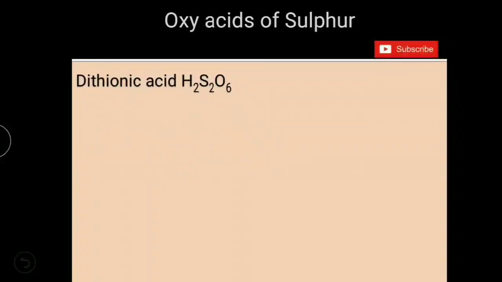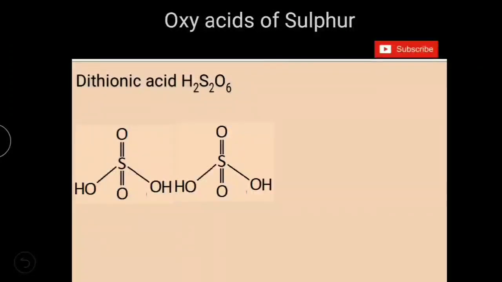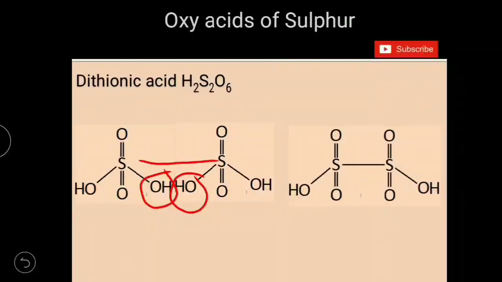To get the structure of dithionic acid, once again we need to start from sulfuric acid. You take 2 molecules of sulfuric acid and remove 1 OH group each from the 2 molecules. OH group from this acid and OH group from the next acid are removed and join these 2 sulfur atoms. Then you will get the structure of dithionic acid H2S2O6.